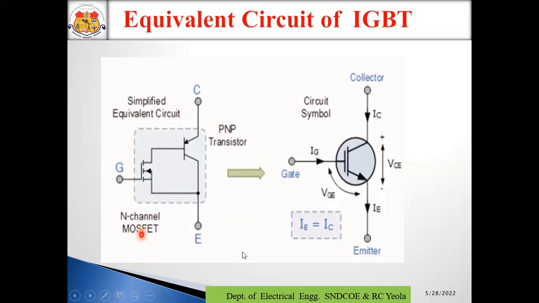As we know, the input characteristic looks like a MOSFET and the output characteristic looks like a transistor. So we have combined these two characteristics and given the new device, that is the IGBT. Here is the gate, here is the collector, here is the emitter. So this is the equivalent circuit of the IGBT.